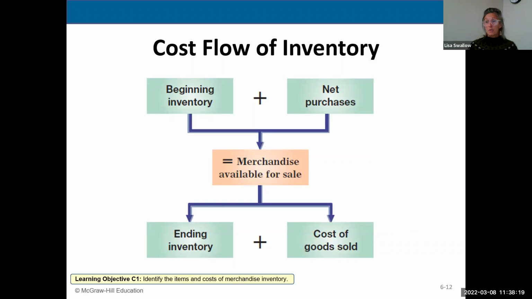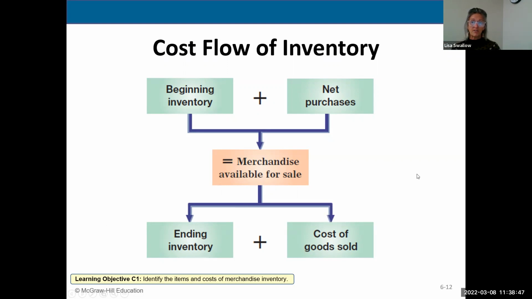So again, you should remember this model from chapter 5: beginning inventory, what was in my warehouse at the beginning of the month, plus everything I purchased, gives me something called merchandise available for sale or goods available for sale. Then I'm either going to sell it, COGS, or I'm going to still have it, ending inventory.